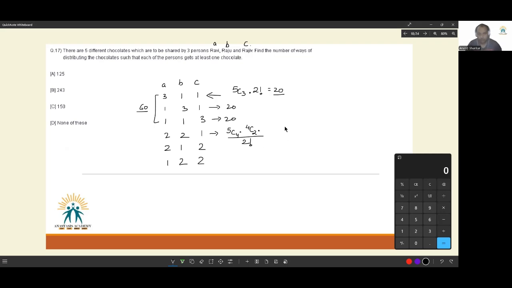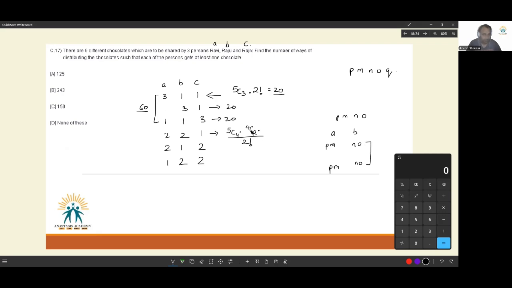Let's say the chocolates were named P, M, N, O, Q. So the first 4 chocolates I've picked up are P, M, N, O. So if I give A, P, M, and I give B, N, O, versus me giving B, N, O, and automatically A gets P, M, these are the same cases.